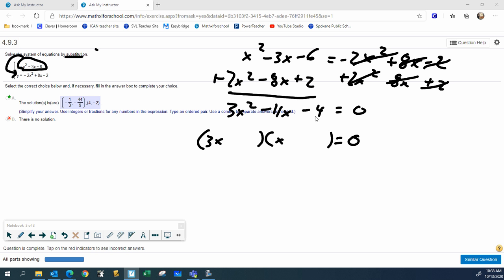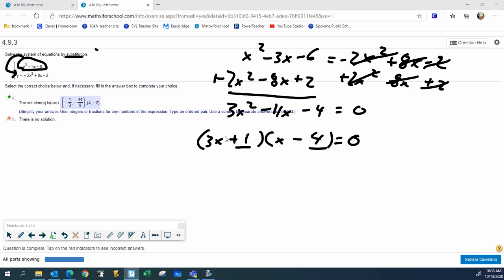And then I need to find factors of negative 4 that go as the second term in each of these monomials here, that when I multiply it out, I get a middle product of negative 11. So I think it's probably going to be a negative 4 here, and then probably a positive 1 here, just because I was looking for like 12 minus 1, or a negative 12 plus 1.